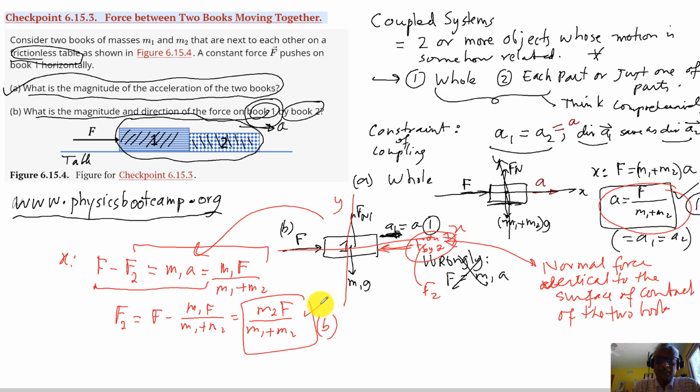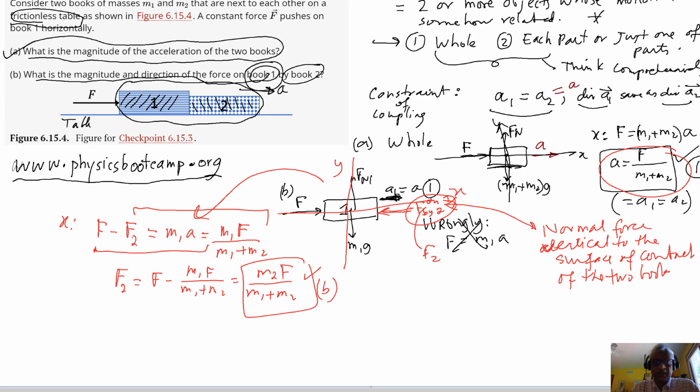Of course, another way we could have found this force is as follows. We look at book 2 and use Newton's third law to say the force on book 1 by book 2 is opposite to the force on book 2 by book 1. So this would be like looking at this diagram of book 2. There's no F on book 2.